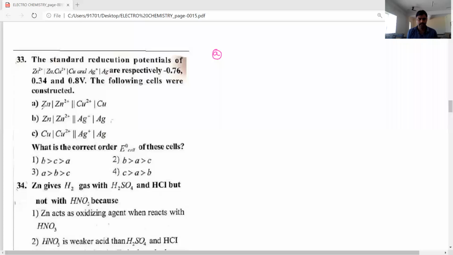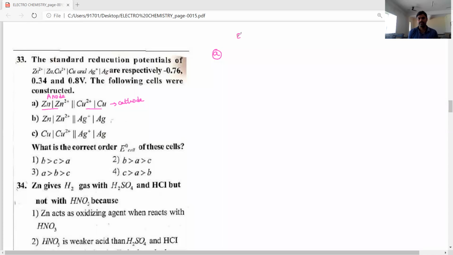Zinc is anode. The left side is anode, the right side is cathode. Here the reduction potentials are given: Zn2+/Zn, Cu2+/Cu and Ag+/Ag are -0.76, 0.34 and 0.8 volts, which indicates that all are reduction potential values.